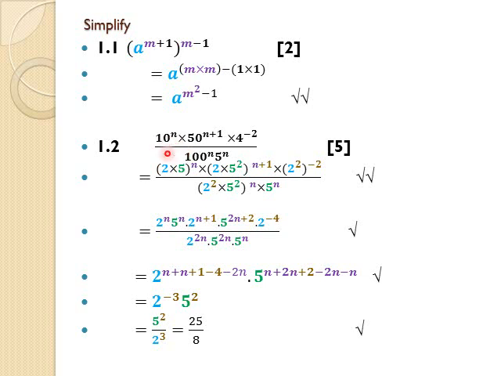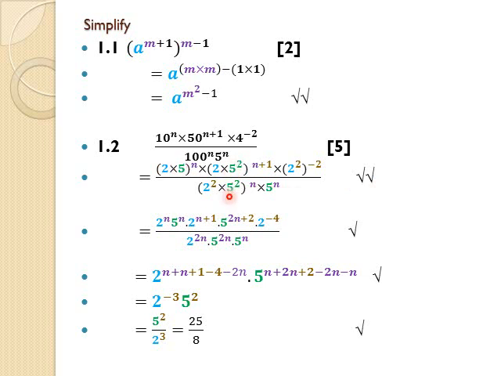So the prime base, 10 can be expressed as 2 times 5, where 2 and 5 are both prime numbers. 50, 2 times 5 squared, is 25 times 2 gives me 50, but now 2 and 5 are both prime bases. 4 is not a prime number, can be expressed as 2 to the power 2. 100 is 4 times 25, or 2 squared times 5 squared, and 5 is already a prime number, so it stays the same. So 1 mark for the top row, another mark for the bottom row, correctly changing to prime bases.